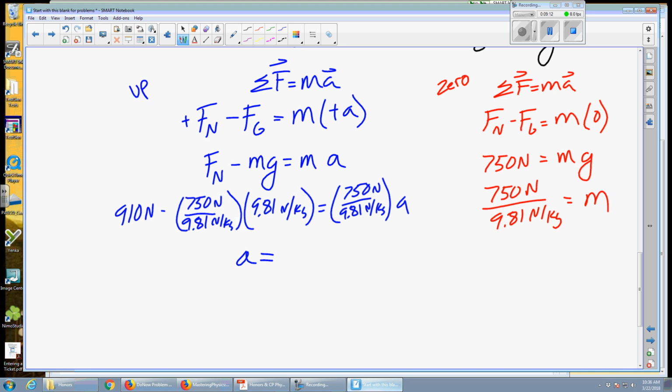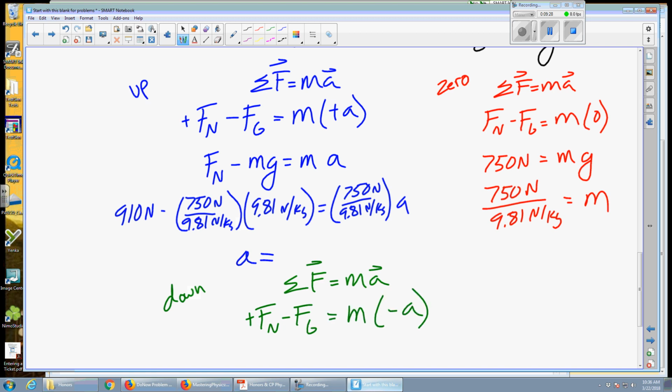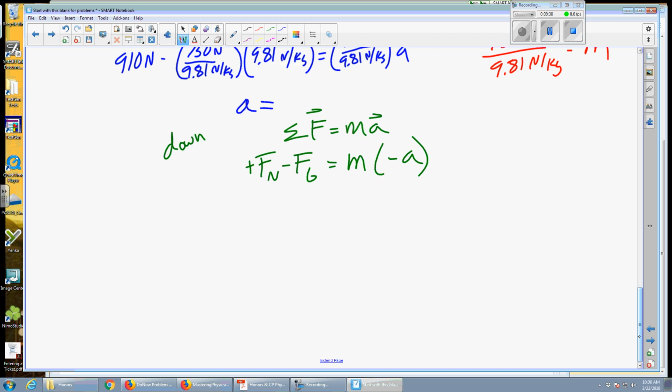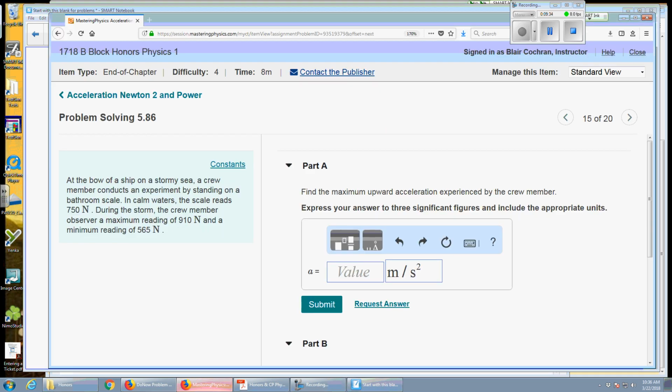All right, so down. Start the same way. Positive force normal minus force the weight equals m times negative a. My force normal in this case is 565 newtons.